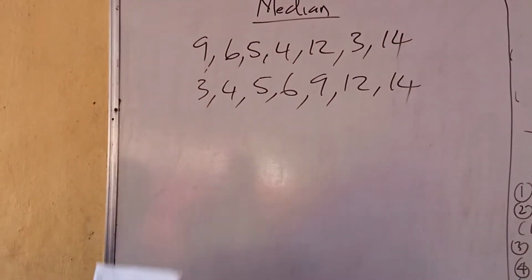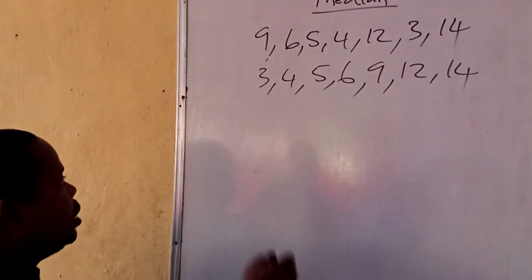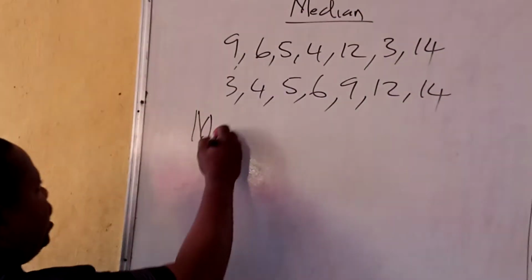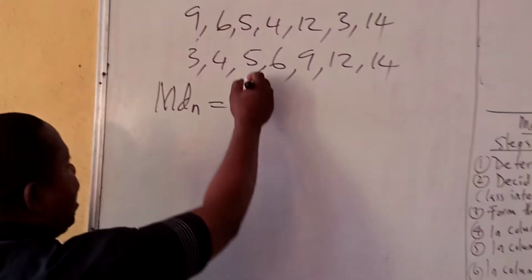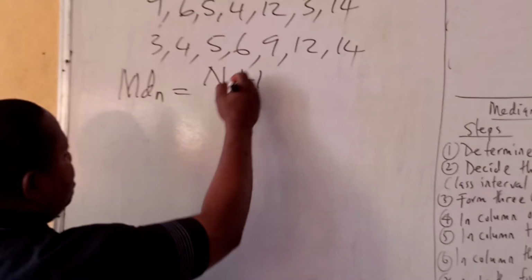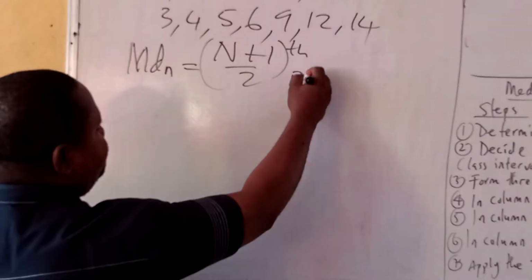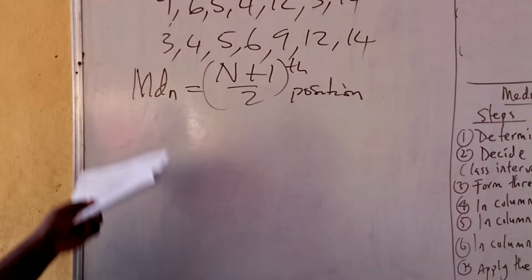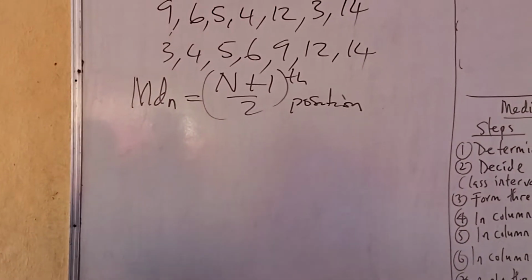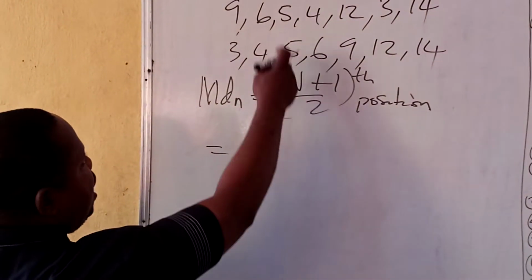Now, the formula to calculate the median of this type of data is given as MDN, which stands for median, equals N plus 1 all over 2 position. Remember the number of scores here is 7.